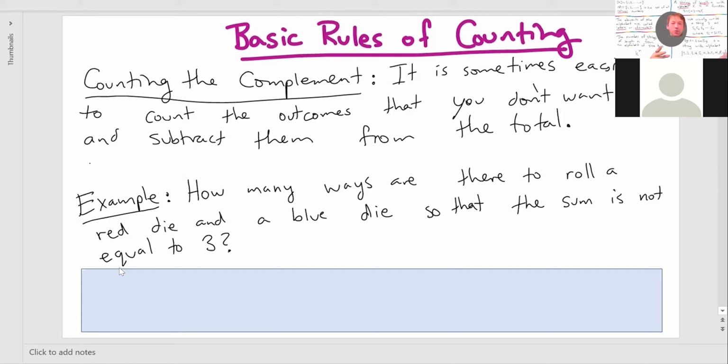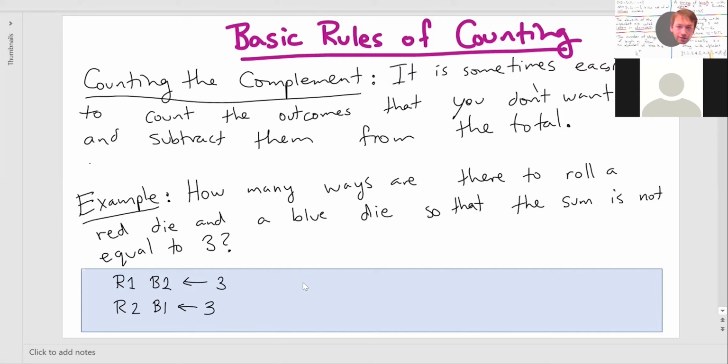You wouldn't want to go through all the possibilities and count up all the ones that aren't equal to 3. It's easier to count the ones that are equal to 3, because the only way to get a 3 is to have a red 1 and a blue 2, that adds up to 3. Or you can have a red 2 and a blue 1, and that gives you 3. If I counted all the things that don't give you 3, that would take me a lot longer.